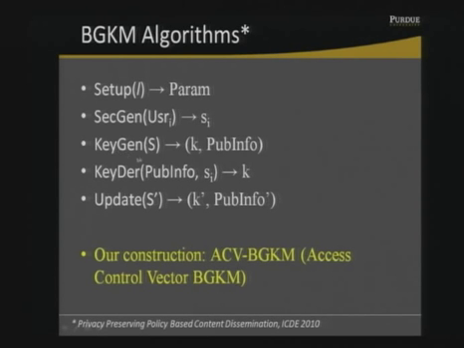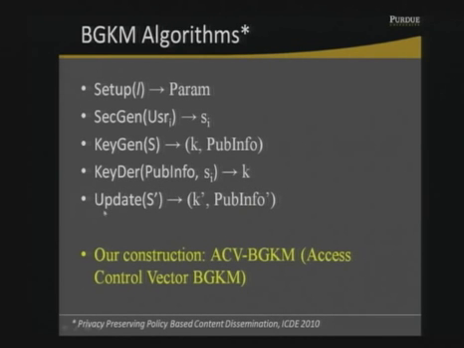And key generation, depending on the policy, takes a set of secrets and generates the public information and the symmetric key. The public information hides the symmetric key. And the key derivation algorithm, where these users, Tim, Bob, and Alice, input their secret, use the public information, and get the key.